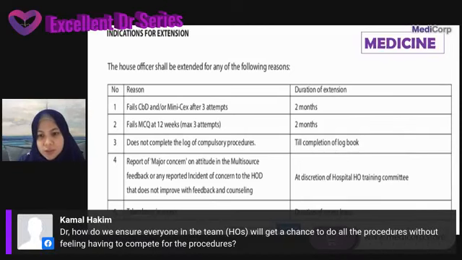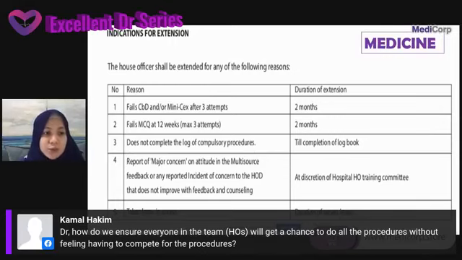Okay, another question from Kamal Hakim. How do we ensure everyone in the team will get a chance to do the procedure without feeling having to compete for the procedure? For compulsory perform procedures, you don't have to compete because there are so many in your ward. But for compulsory observe or assist, most departments will allow you to share patients. For example, for chest tube or renal biopsy, this is quite rare.